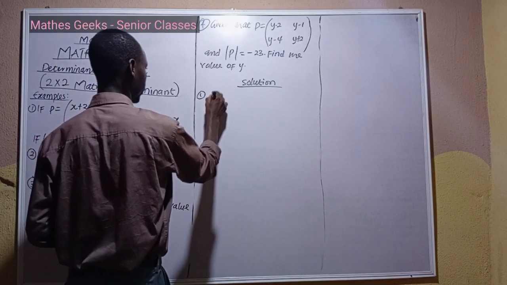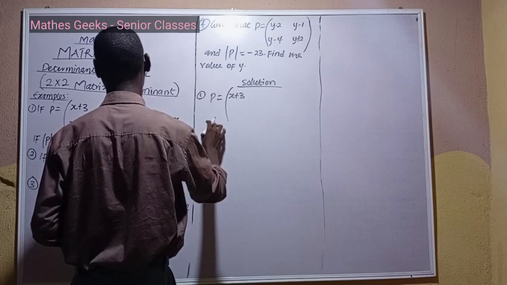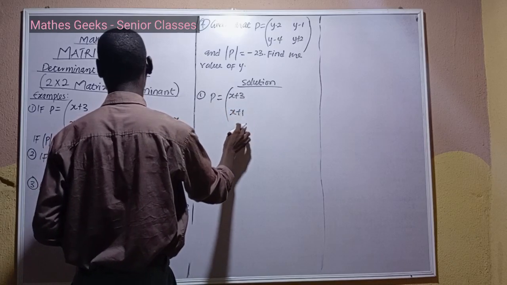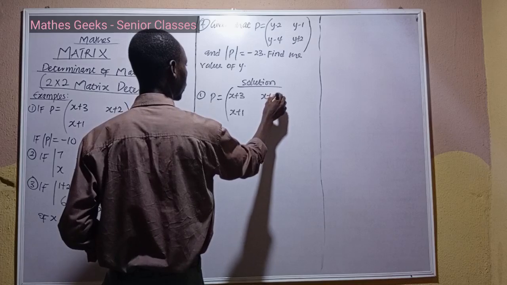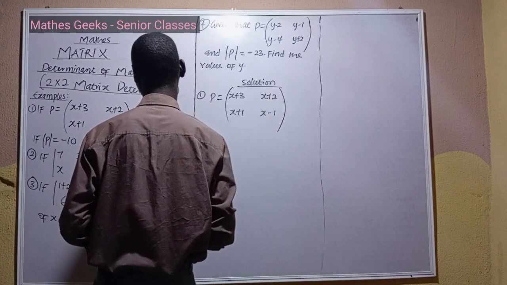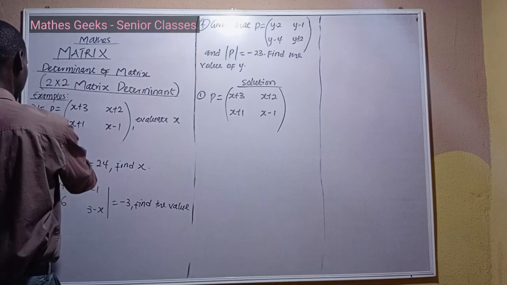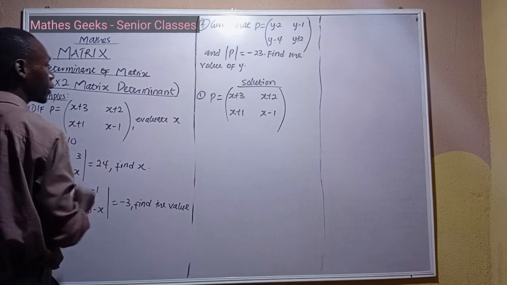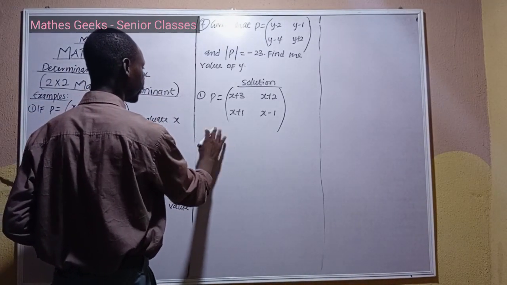If P is equal to the matrix x plus 2, x plus 1, x plus 2, x minus 1, evaluate x if the determinant of matrix P is equal to minus 10. So the given determinant will be minus 10.